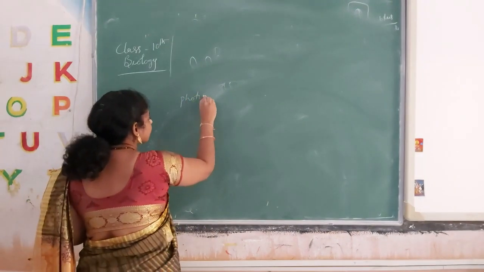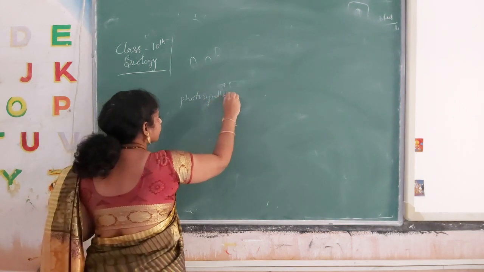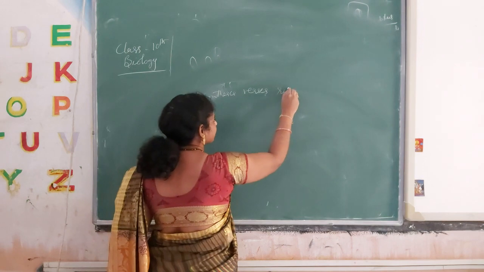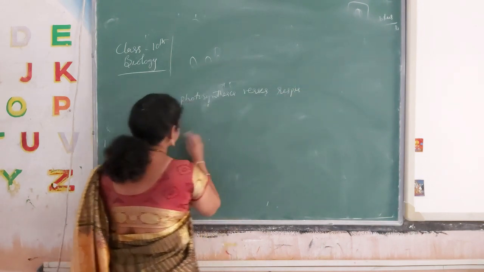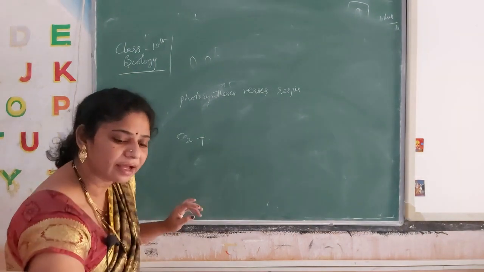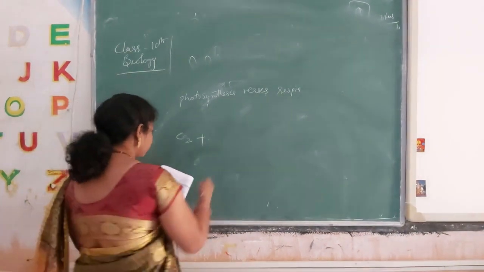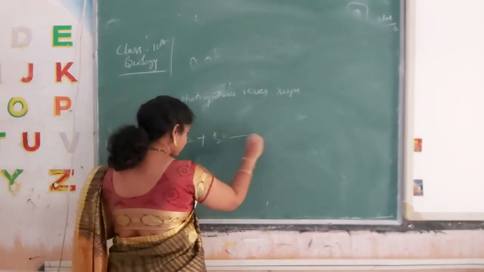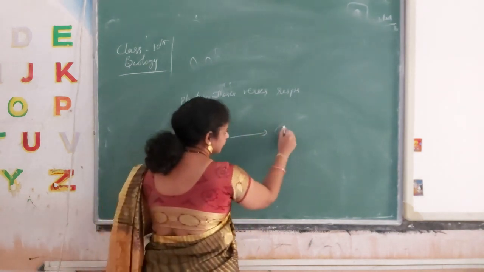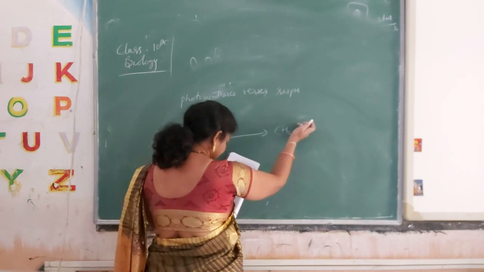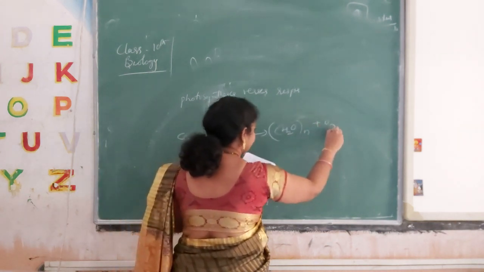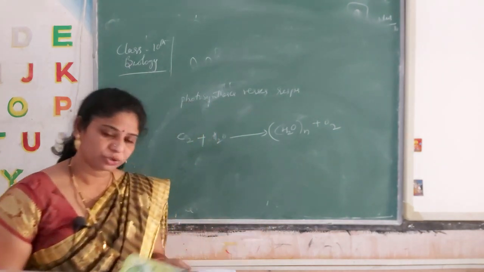Photosynthesis versus respiration. Just now I said the respiration process. Photosynthesis process, you know: CO2 plus H2O in the presence of sunlight and chlorophyll gives (CH2O)n plus O2.